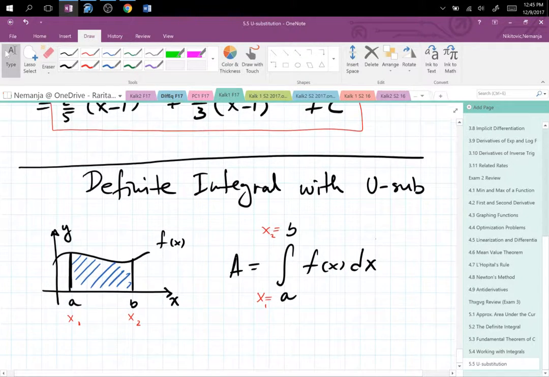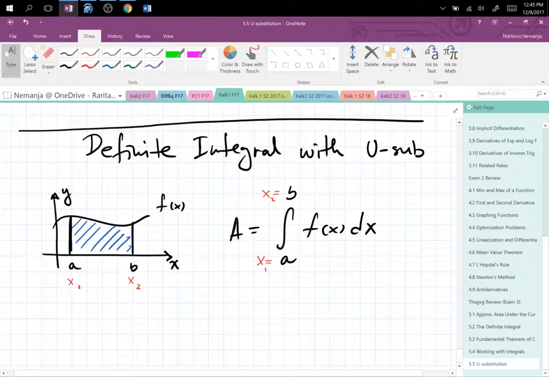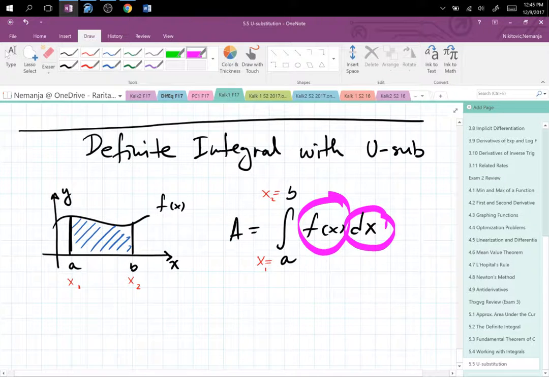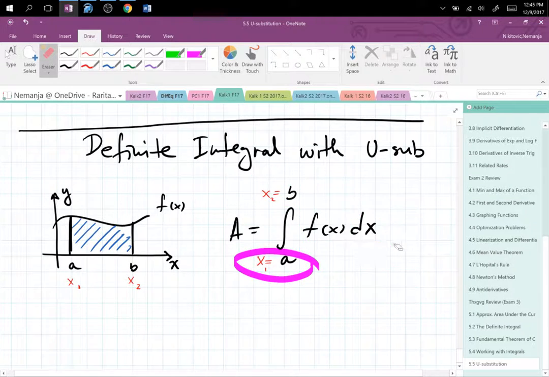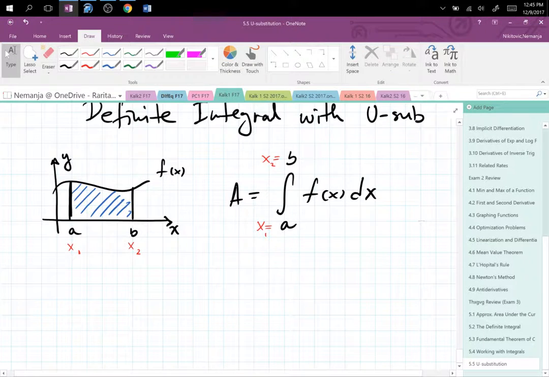Well, that means that when I do the U substitution, and this changes into some different function in terms of u, and this becomes du, guess what? Those numbers will most likely change into the new numbers in the u domain. The good thing is that you don't have to go back to x.